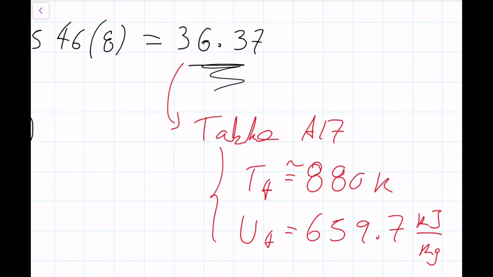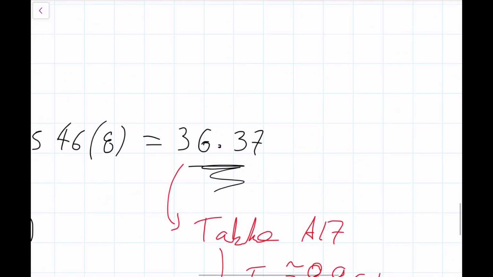Okay, so now that we have both internal energies, we have this guy and we have the previous one that we got right in the beginning when we went the first time to table A17, which is 214. We can use that difference to calculate our Qout.